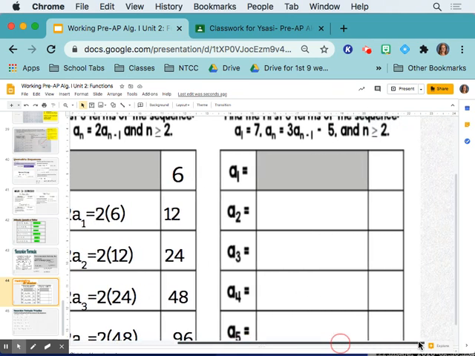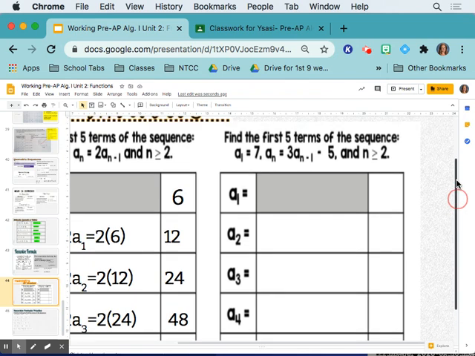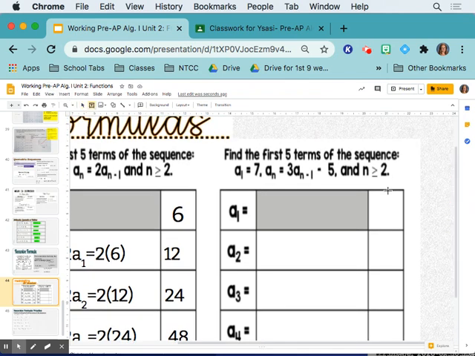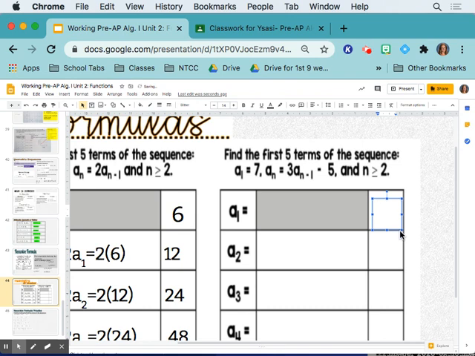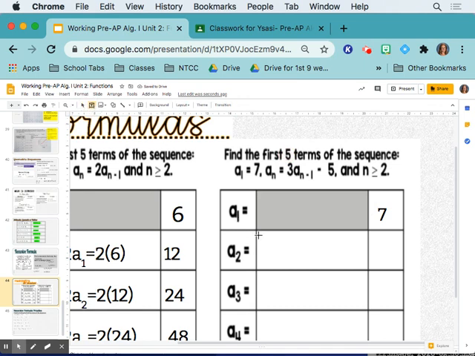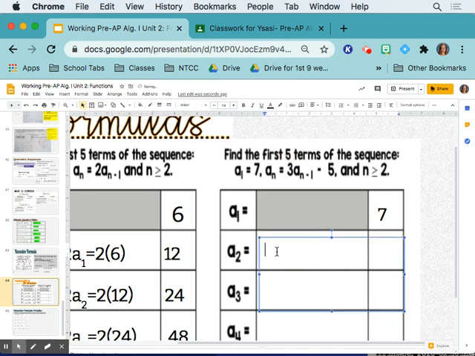All right, go ahead and do the next one. Can you help us start out? What can I fill in first? What do I know? The first term is 7. Then you do the same thing you did last time, right?